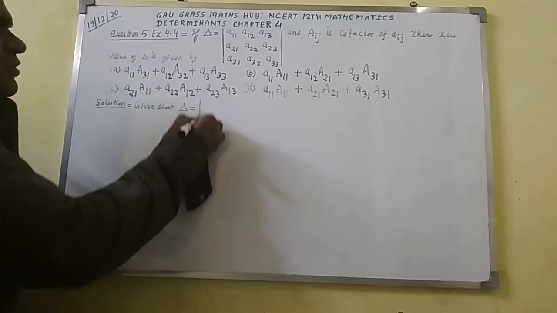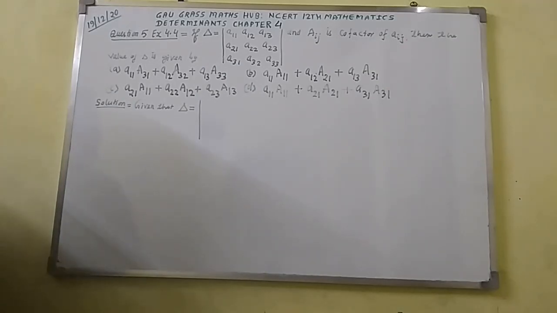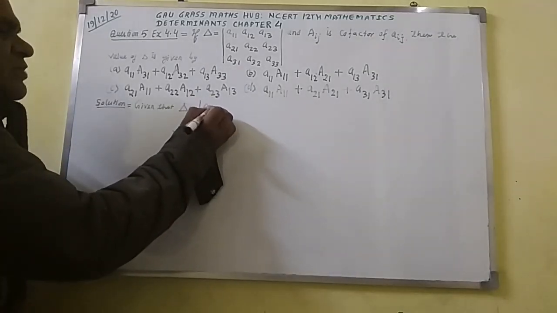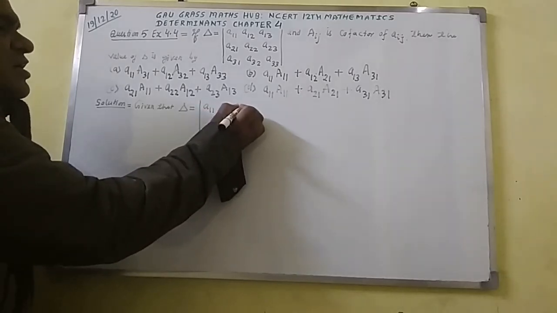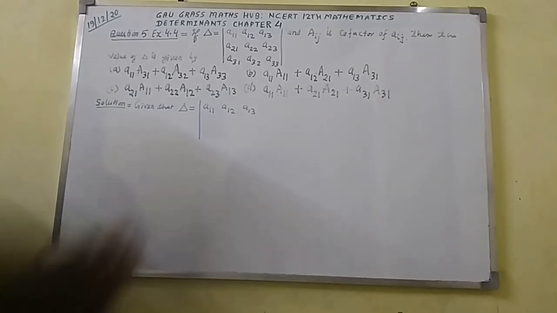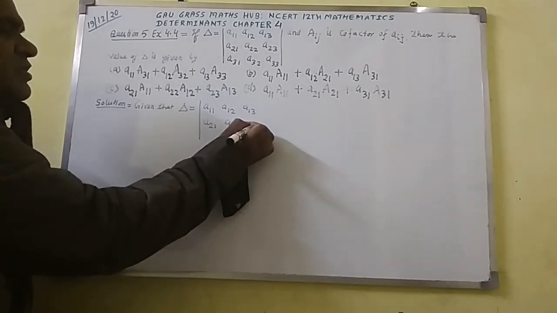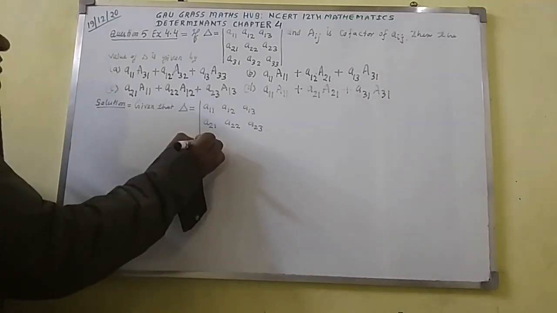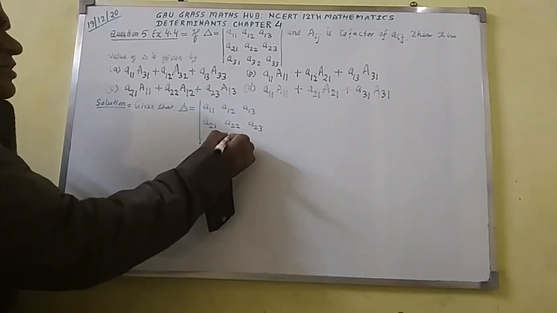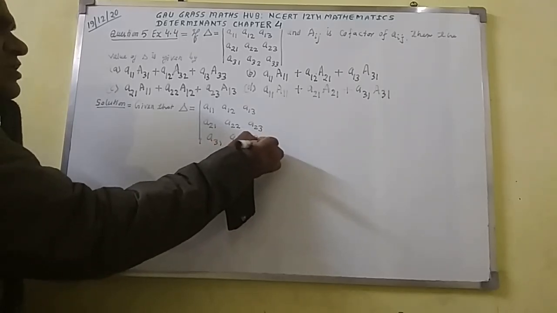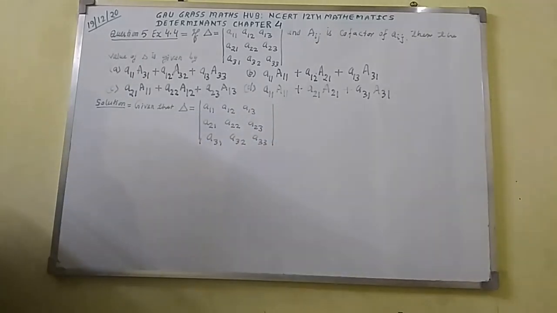Delta equals the determinant with the elements of the first row a11, a12, a13, the elements of the second row a21, a22, a23, and the elements of the third row a31, a32, a33. This I have written here. Now what will we do here? It is going to be asked the value of delta.